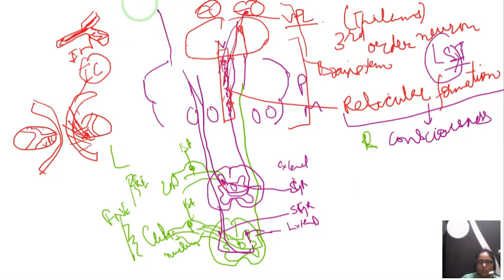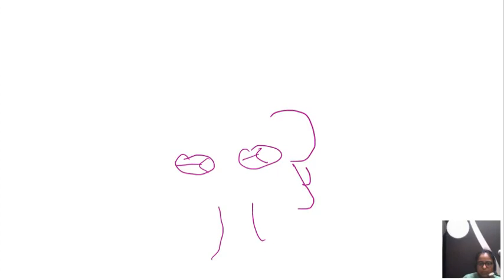This is your midbrain. Then I am drawing it in the next slide. Just a second, let me take a new slide. Right, here, for example, your thalamus is here, and you know your tracts are coming. This is your medulla, pons, your midbrain.